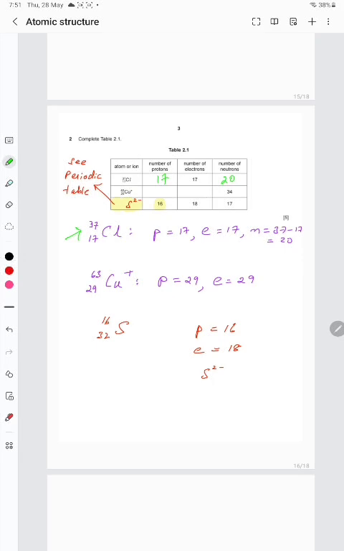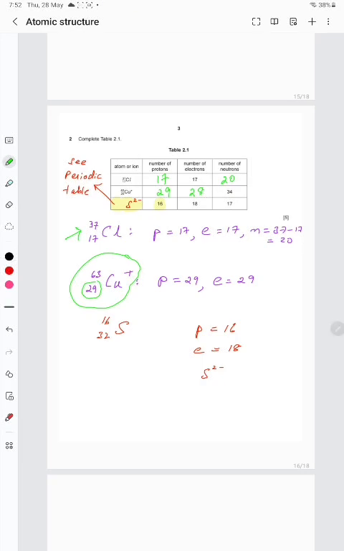And then in case of Cu+ ion, again I'm getting this from the periodic table. So this number is the proton number, which is 29. So you have to write 29. And it's a positive ion, which means one electron is less. So number of electrons in this case is 28. Since it is positive, one less electron.